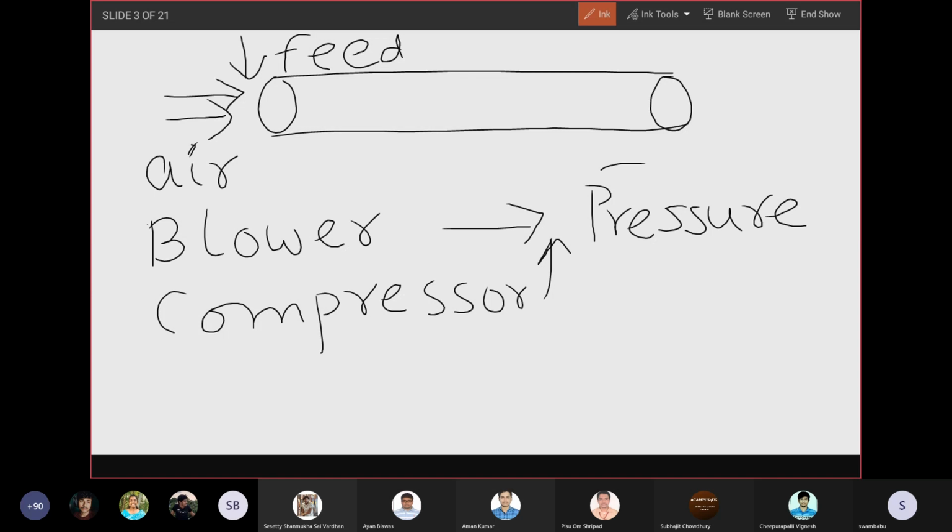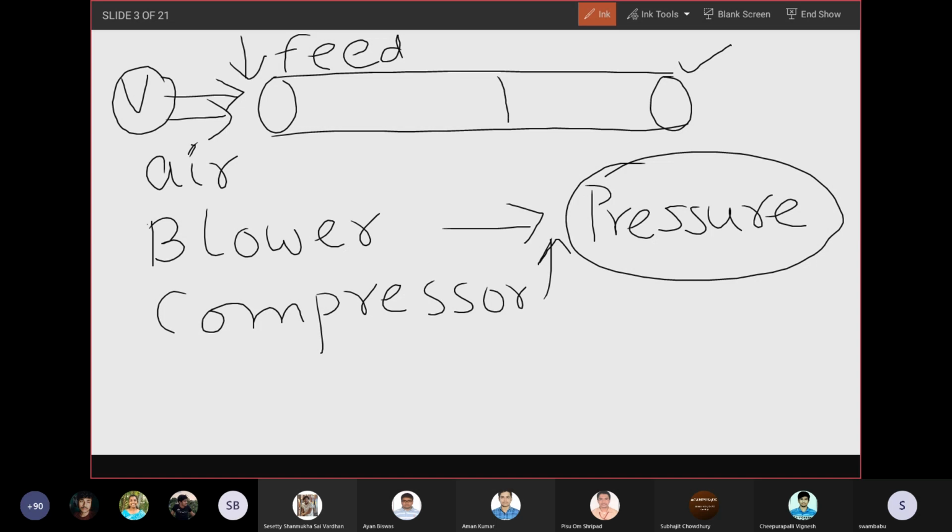So the pressure and the velocity with which you want to send air determine the energy cost. So we need to determine the diameter of the pipe and the velocity at which we are sending the air.